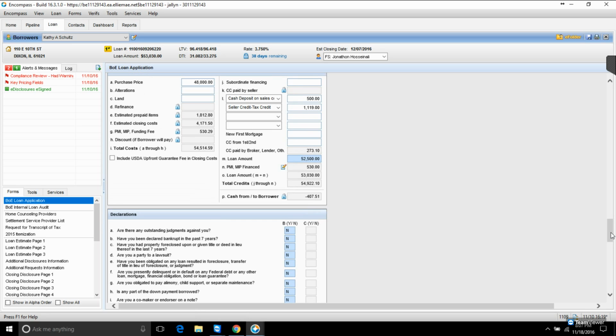This is USDA, and she has $500 in earnest money. If I put the cash back to borrower at negative 1,500, that's way overshot. But at negative 400, it's within the amount she has in earnest money, so she could potentially get some money back. It's not way over the 500 she has in, and it's not zero or more, so it's not going to cost us, because she doesn't have much money to bring.